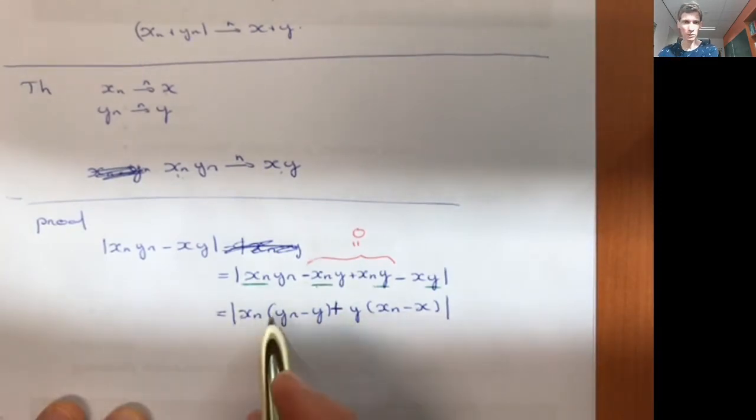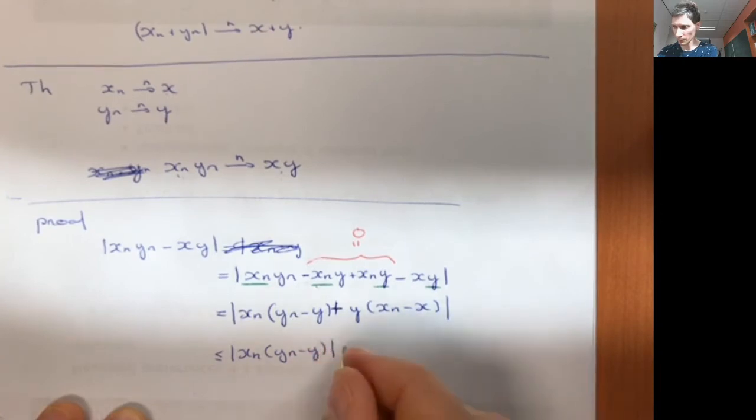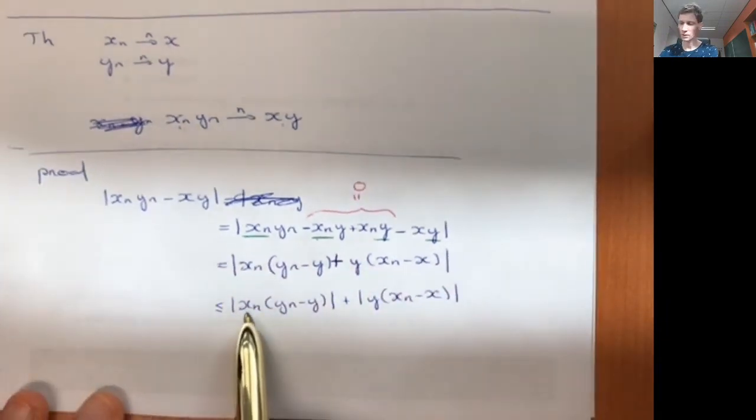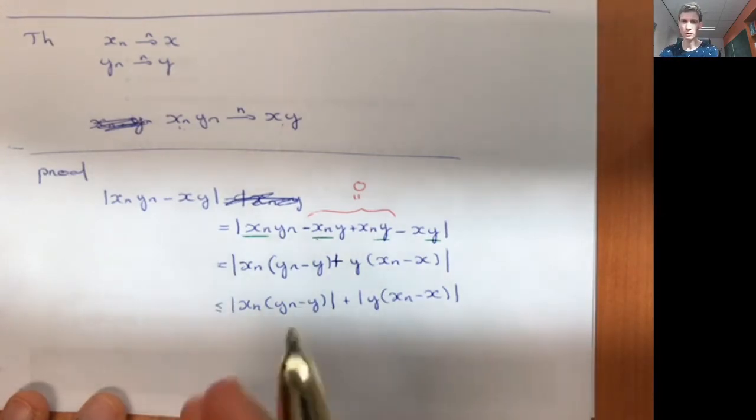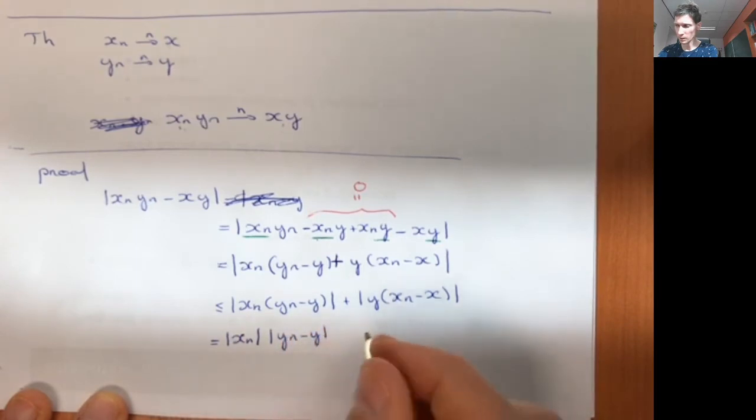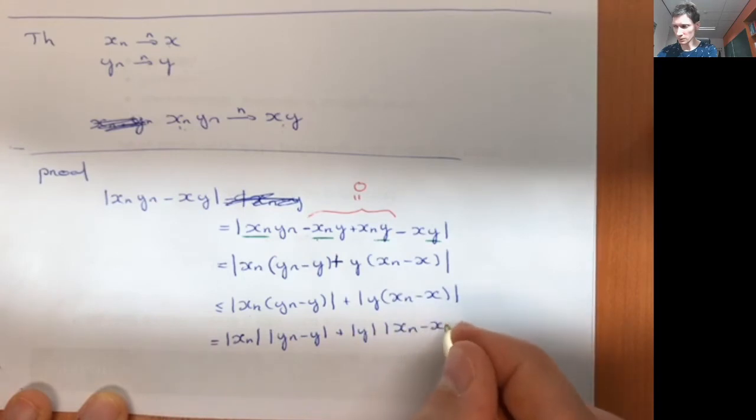You have the absolute value of a sum, so we know that this is less than or equal to the sum of the absolute values, the absolute value of xn times yn minus y plus the absolute value of y times xn minus x. Now we have an absolute value of a product, and you should know that the absolute value of a product is equal to the product of the absolute values. So I take the absolute value of xn times the absolute value of yn minus y, plus the absolute value of y times the absolute value of xn minus x.